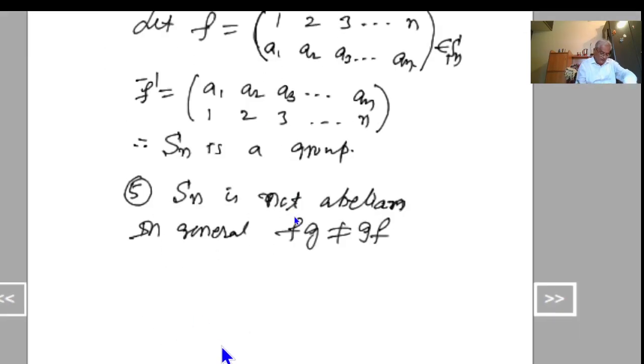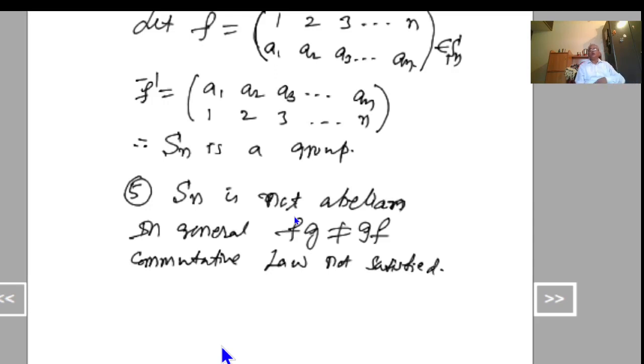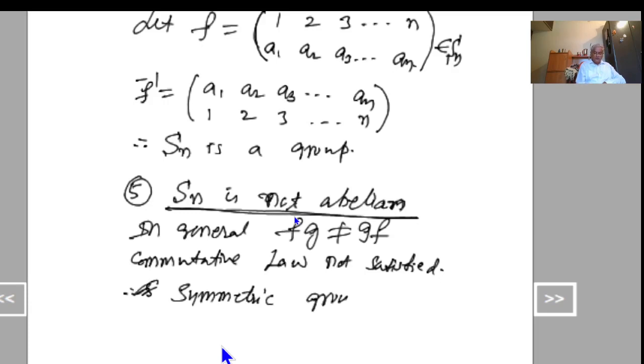So that means the commutative law is not satisfied. Commutative law not satisfied means Sn is not an abelian group. That is, Sn is just a group, and this group is known as the symmetric group. That is, the group of the permutations is known as the symmetric group. Okay. Thank you. I will stop here.